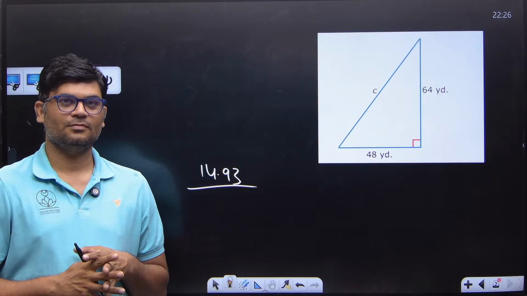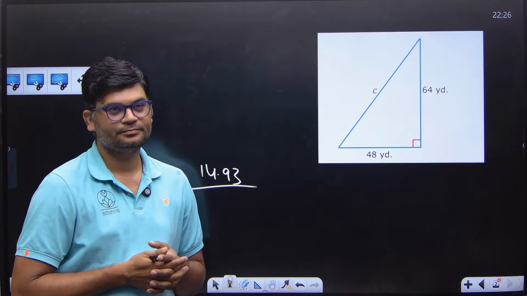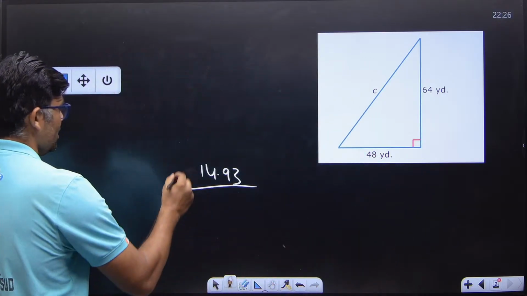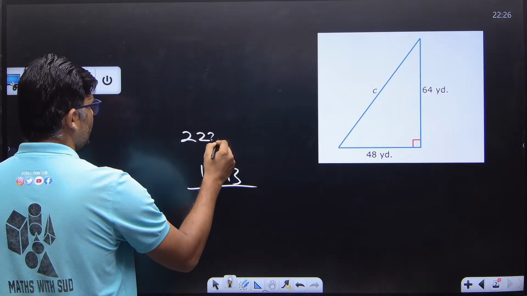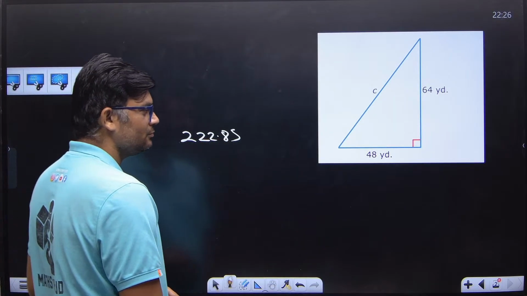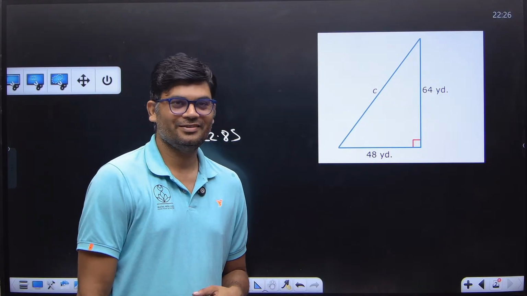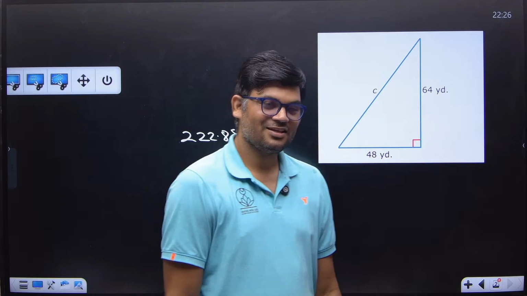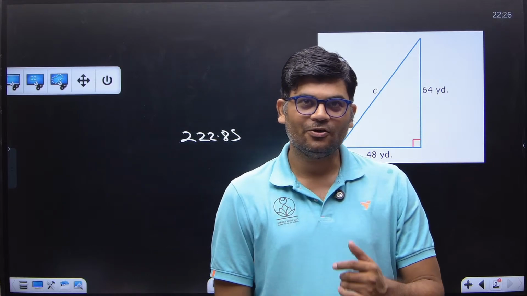No, it's not. Okay. 222.85. The answer is 222.85. Really? Can you tell me how you did it? My maths got mixed up somewhere.